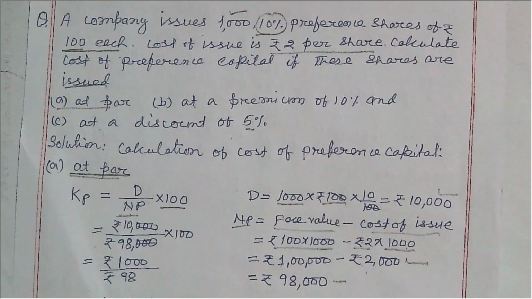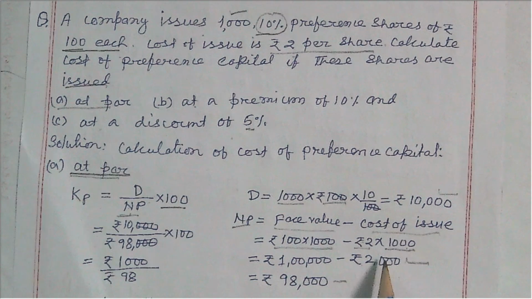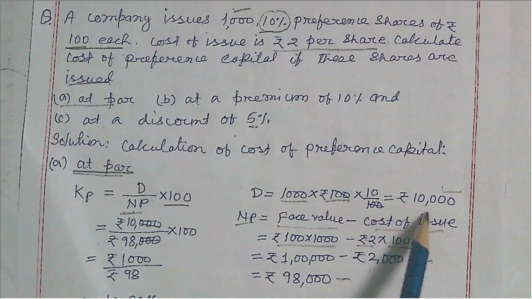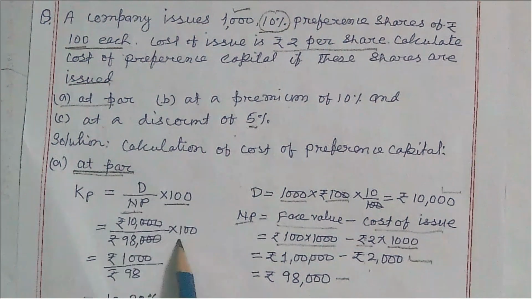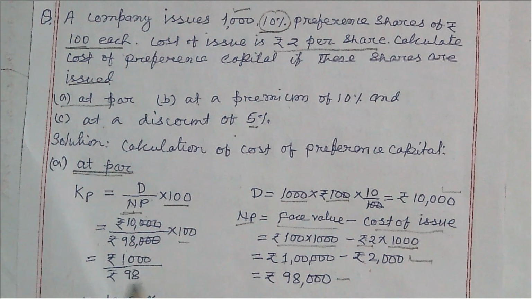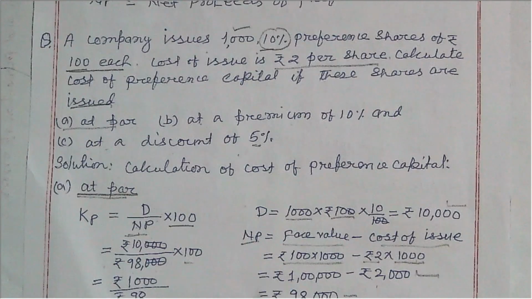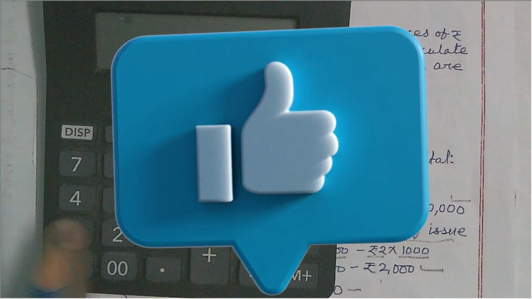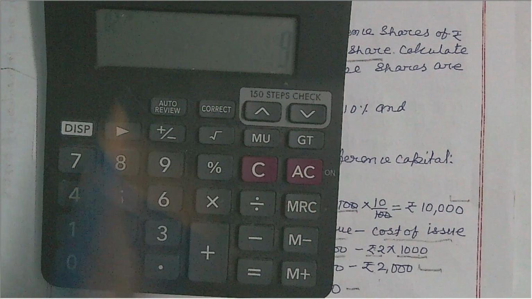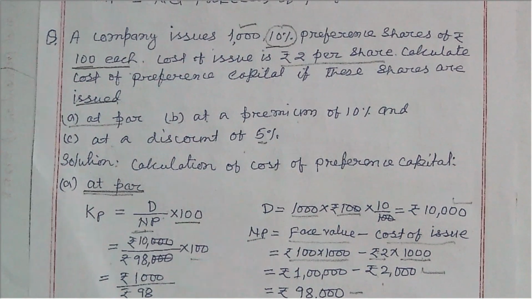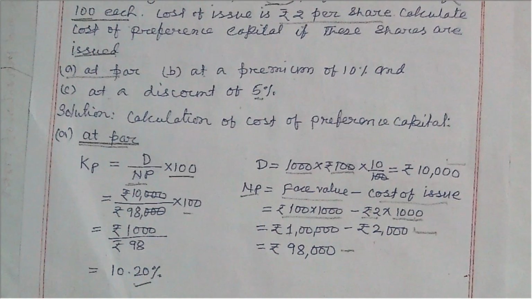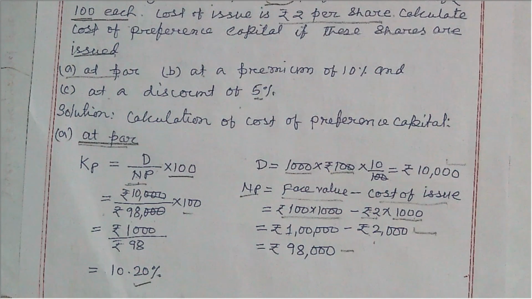Only issue expenses are deducted. Putting in D of 10,000 and NP of 98,000, the zeros cancel, giving 10 by 98, which is 10.20%, or 10.2%. Simple.